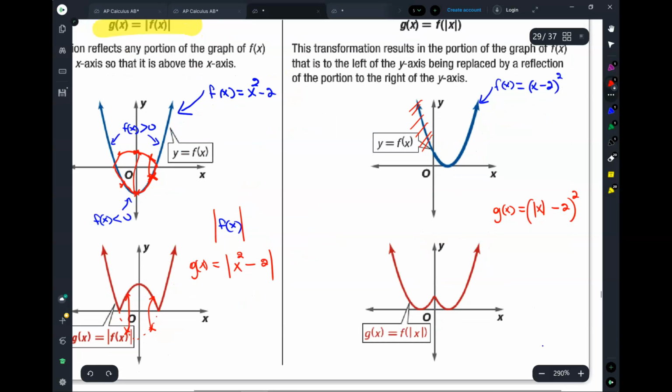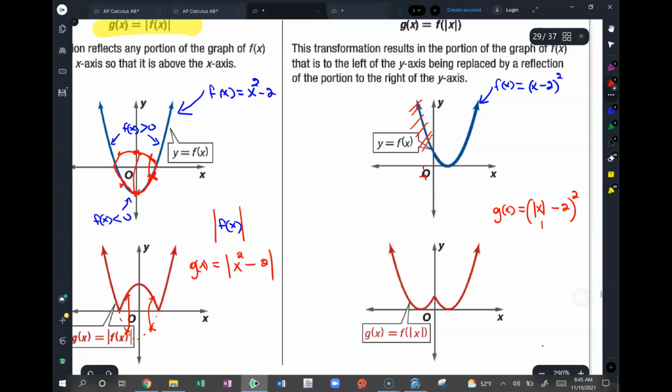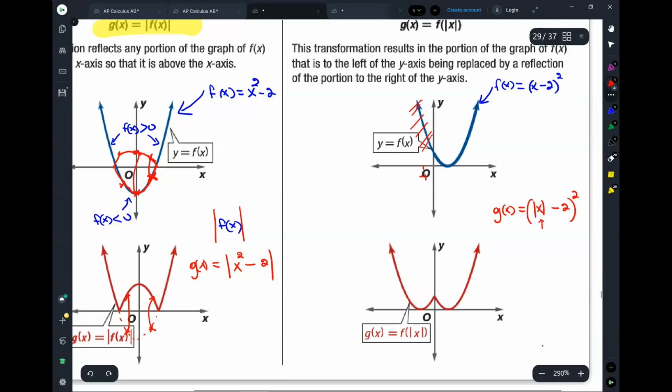So it used to be that, let's say, when x was negative 1, what would y have been here? At x equals negative 1, y would have been how much? 9, right? But now, if I put negative 1 in here, then first that switches it to x equals positive 1, and you get the same value as you would have gotten for positive 1. Do you see that?